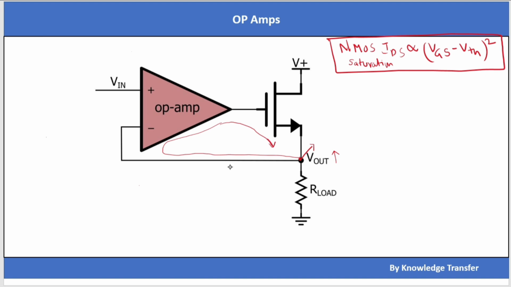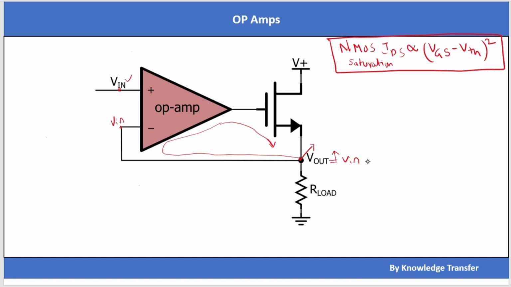In a negative feedback system, that is a stable system, virtual short will occur at the non-inverting terminal and inverting terminal. That means this is V in, so this will become V in, and V out should always become V in.